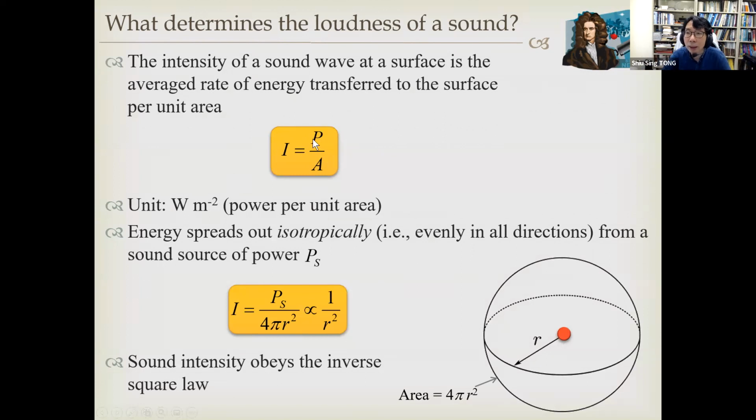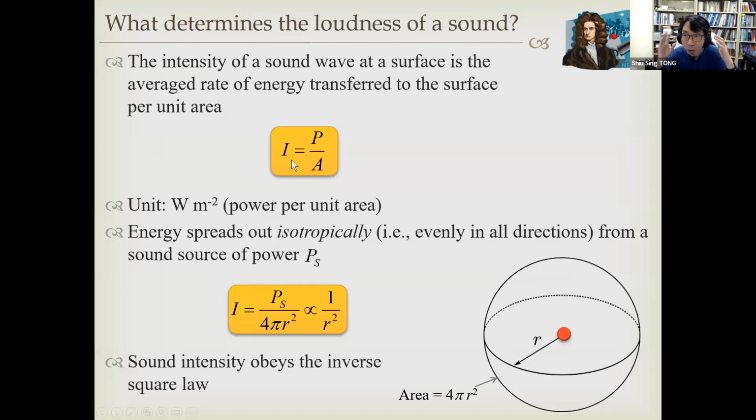The amount of energy reaching a surface per unit time is the power. So the power of sound is the energy reaching a surface per unit time, a rate of energy transfer. If I divide that power by area, I get the intensity.